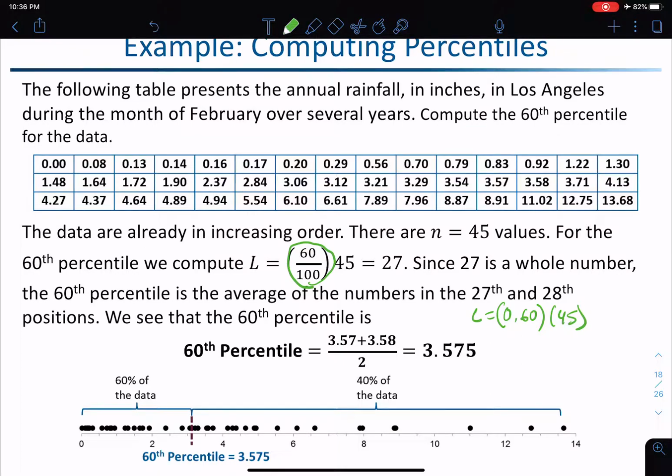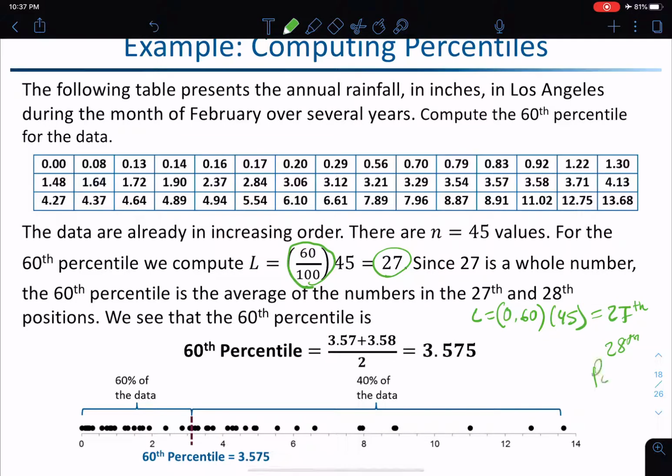And when we do that, you can see they got 27. So we got a whole number, so you're not just going to round it off and look at that particular position. We need a little bit more work. We got the 27th position, and we need to look at the 28th.